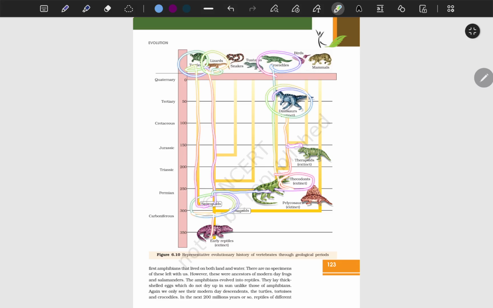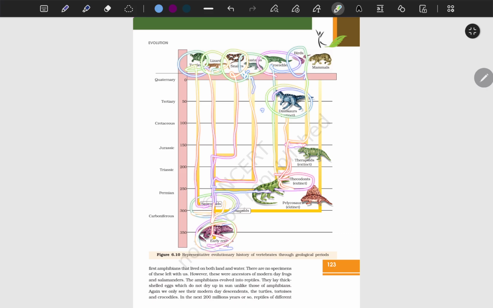And thecodonts also give rise directly to the birds. So next, the sauropsids also give rise to the Therosaurus, and sauropsids also give rise to the snakes. So if we talk about this representative evolutionary history of vertebrates through geological periods, we can say that early reptiles were present in the Carboniferous period and are extinct now.